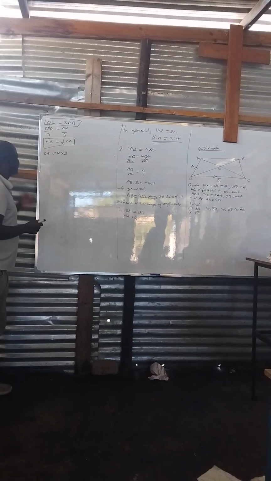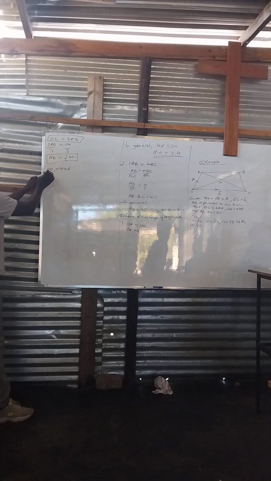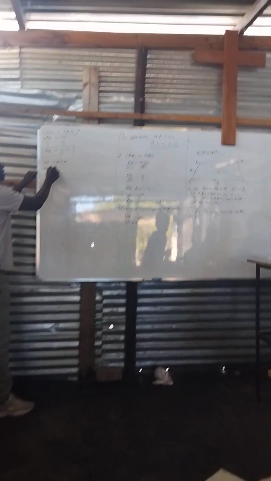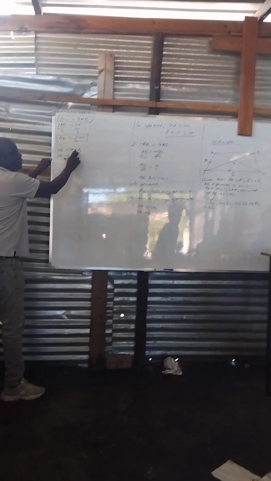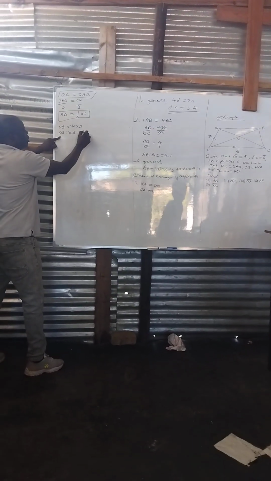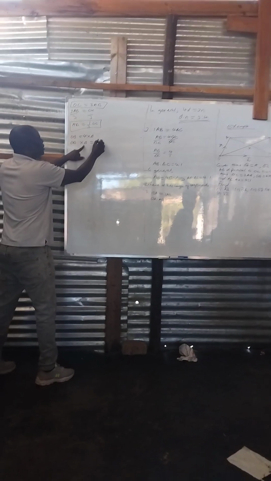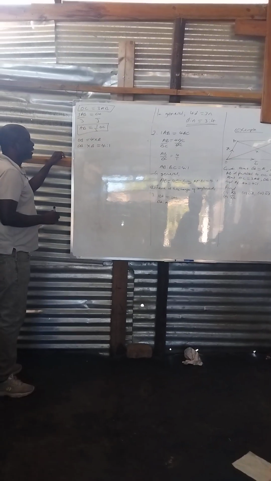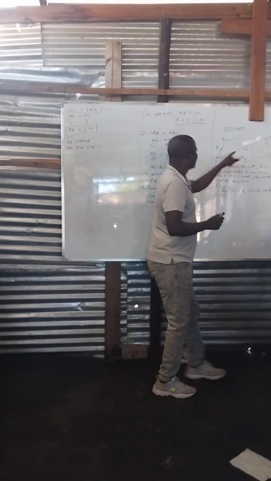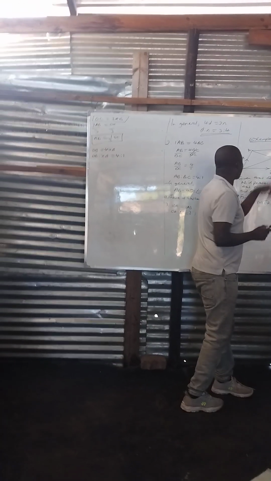That is what we can do. OB to XB: for OB you take 4, for XB you take 1.